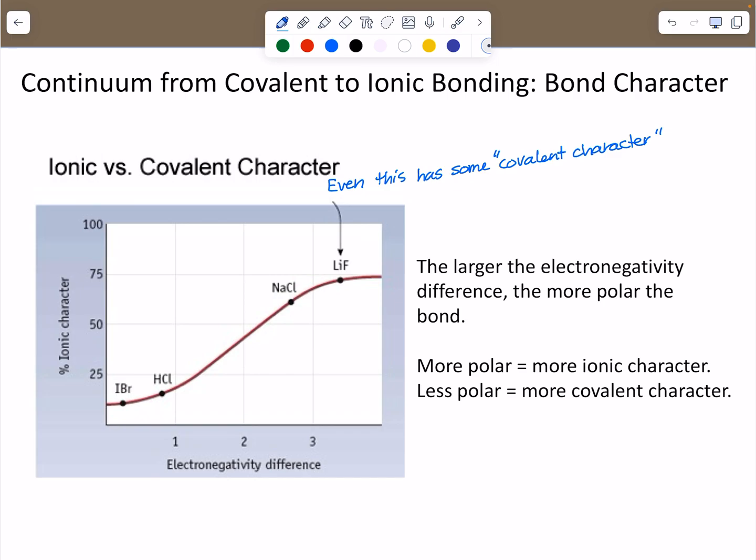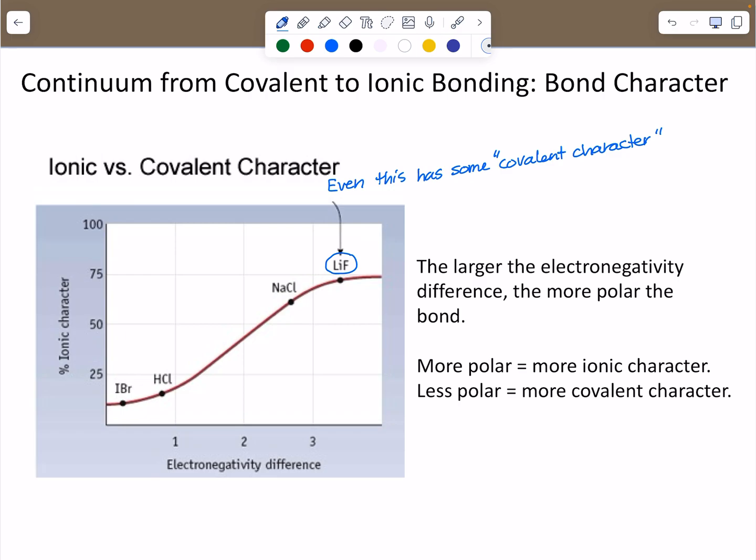But in general, yes, Rana. No, so this is like an extremely polarized bond. So we would call it an ionic bond. The more polar you get, the closer you get to an ionic bond. But even the most ionic bonds have a tiny bit of sharing going on. Yep.